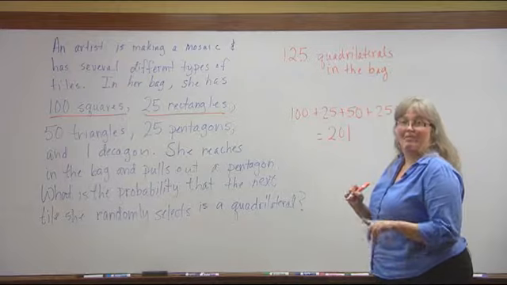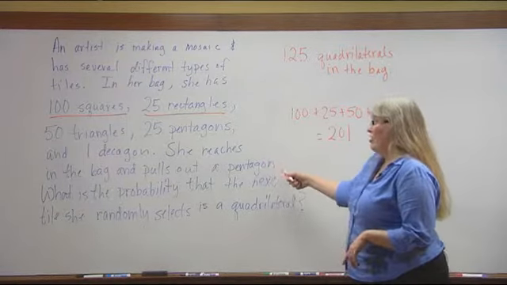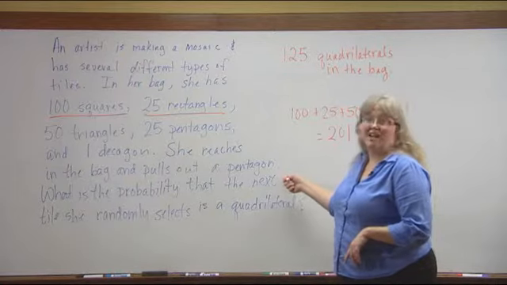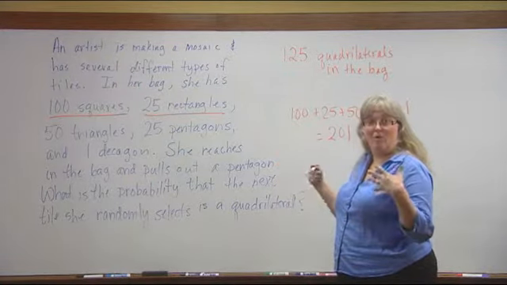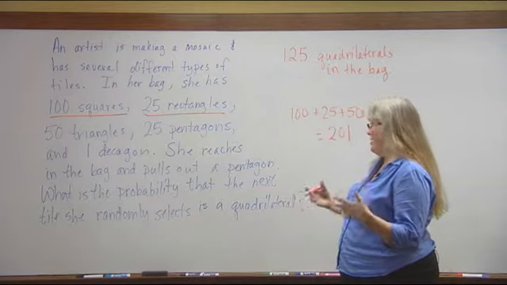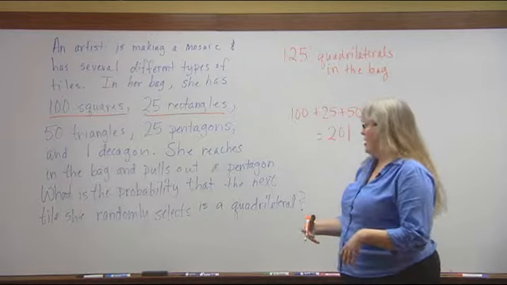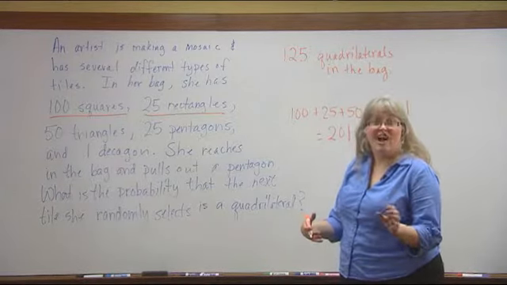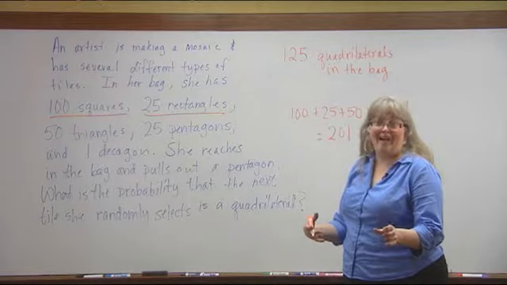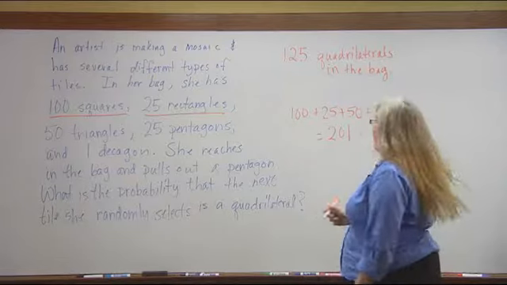Now here's where the problem's a little bit trickier, is she's already pulled out a pentagon. So the pentagon's gone. So in the scenario we're looking at, where we're being asked what is the probability that the next tile she selects is a quadrilateral, we only have 200 shapes in the bag, okay, because that first pentagon was taken and it's out of the bag.